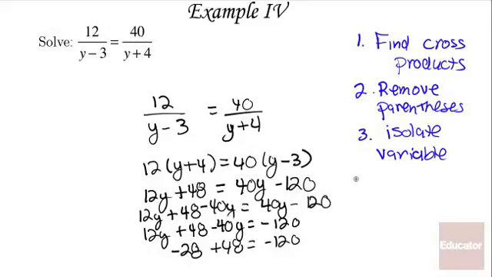Moving the 48 over to the right side by subtracting 48 from both sides, we get minus 120 minus 48.